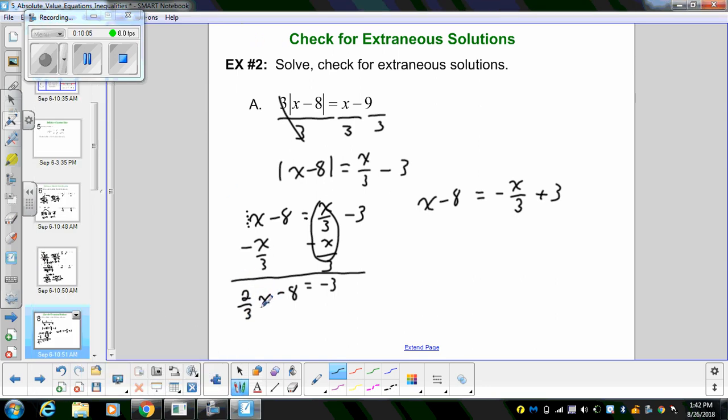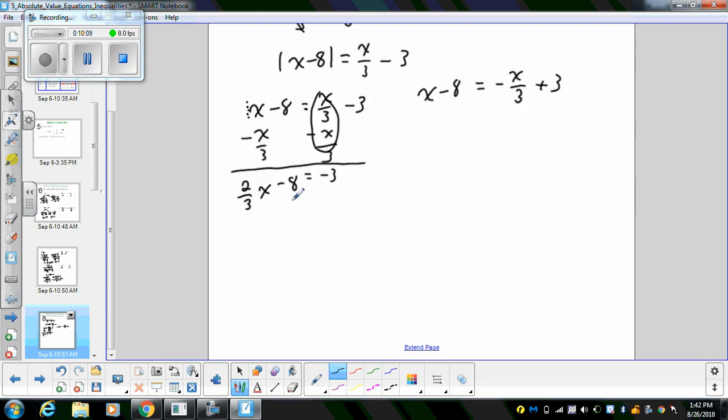So now it is 2/3 x. And now I'm ready to get rid of my constant, so I can now add 8 on both sides. 0's out. -3 plus 8 gives me positive 5. And remember, when we had a fraction earlier, it's just a regular number.